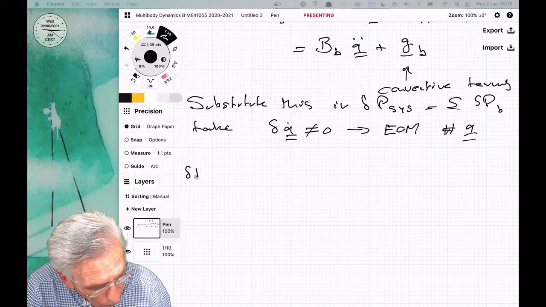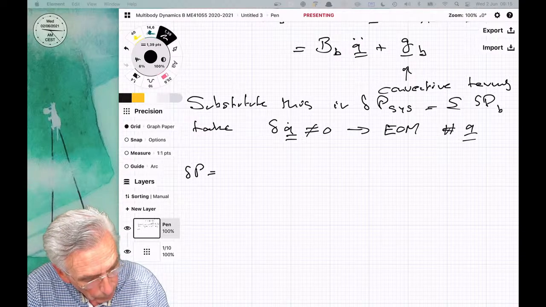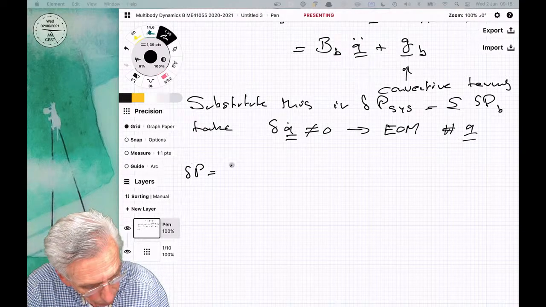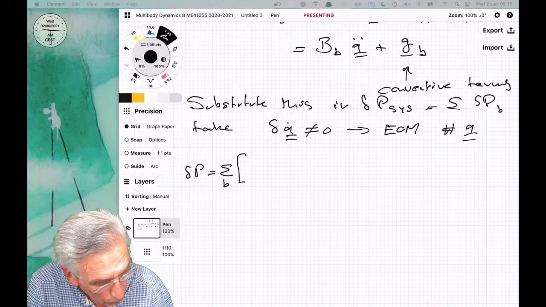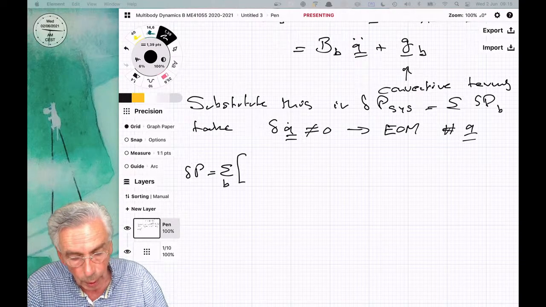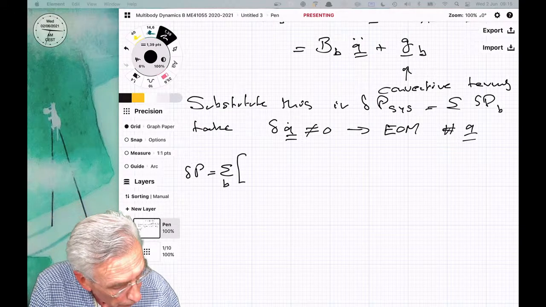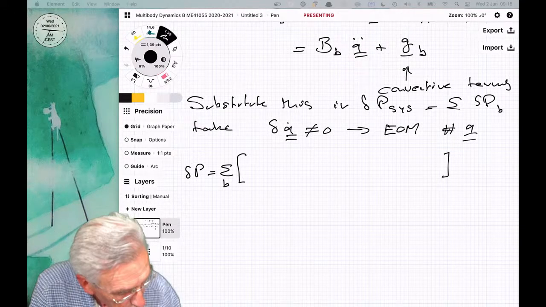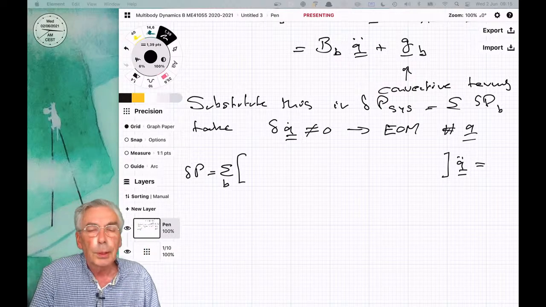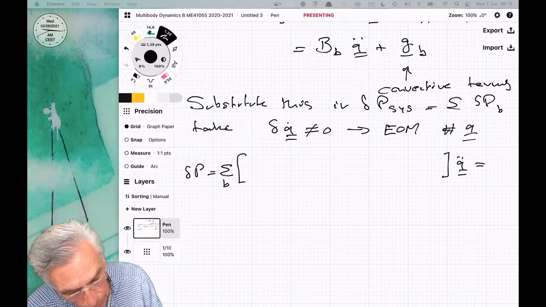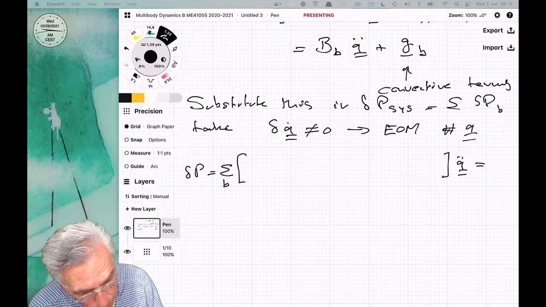Okay, we have our virtual power expression, which is the sum over all the bodies of, then, of course, I start with our stuff, which is times the acceleration. And what is that? Well, that's two parts again, right? That's the Newton part and the Euler part.